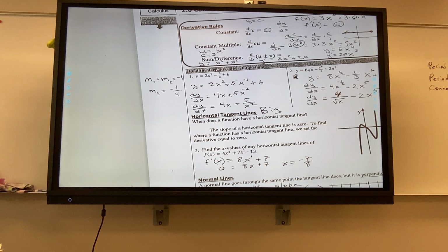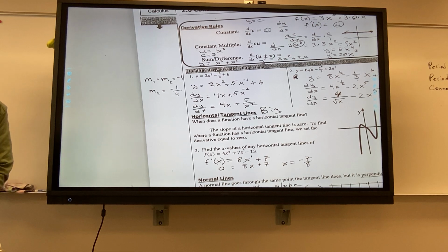Right, so you're going to flip it. 3 halves would become, you're going to interchange the x and the y, that would be 2/3. 2/3, but you need to have the negative, so you make it negative 2/3. So let's say you had 5, you'd have a 5 times a negative 1/5. Correct. Okay, that makes sense now. Does that help? Good question, alrighty.